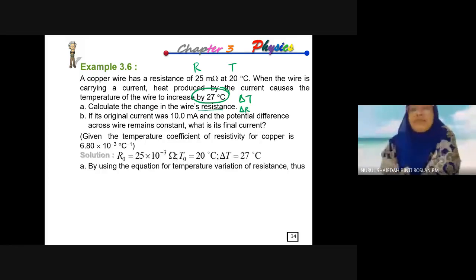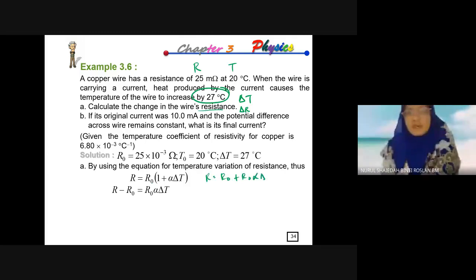Okey, apa formula dia pakai? Dia guna formula R equals to R0 1 plus alpha delta T. So dia kembangkan R sama dengan R0 plus R0 alpha delta T. R0 bawa sini, so you akan dapat R minus R0 sama dengan R0 alpha delta T. So R minus R0 adalah delta R, ini yang you nak cari.